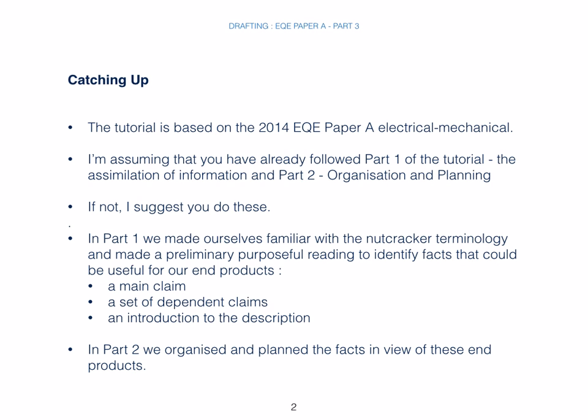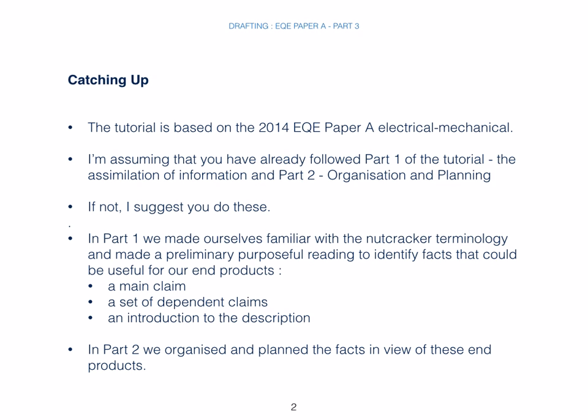In part 2 of the tutorial, we organized and planned the facts in view of these end products. We planned, in fact, a draft main claim to be rewritten with reference signs and possibly final corrections. We also prepared a draft set of claims to be corrected and rewritten, and we prepared a votum for grant notes, which was an outline for the introduction to the description.